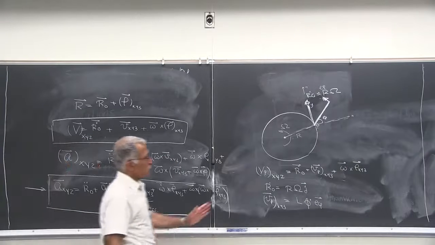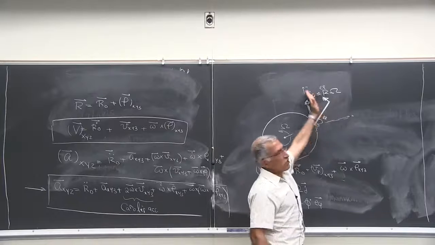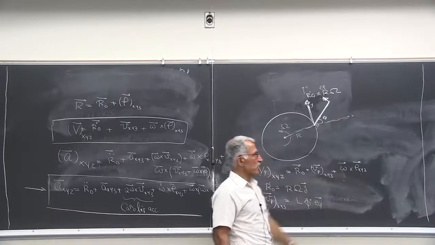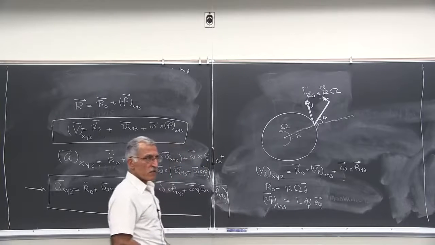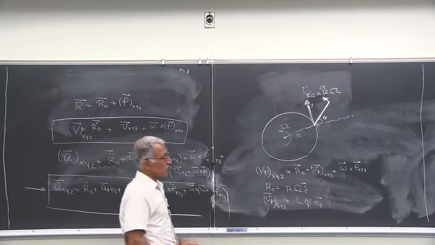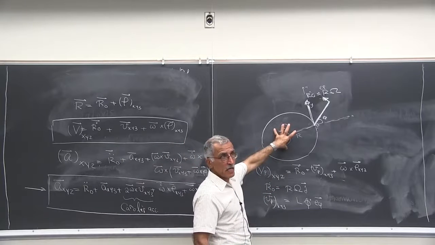So you do have one vector in this direction, one vector in this direction, and finally you have omega times rho xyz, and that is your auxiliary reference frame now being twisted, and the one that is responsible for twisting of the auxiliary reference frame is this omega.